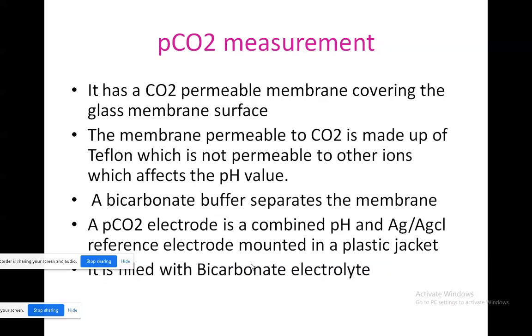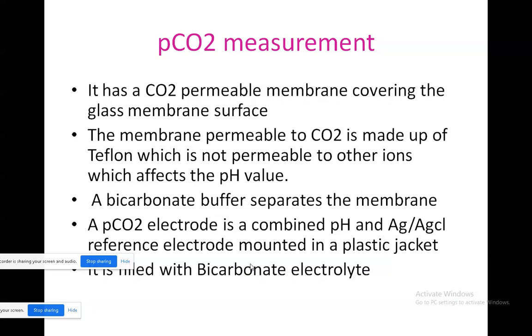Otherwise, those substances would affect the pH value. A bicarbonate buffer separates the membrane, used for isolation purposes. The PCO2 electrode is a combined pH and silver and silver chloride reference electrode, mounted in a plastic jacket.